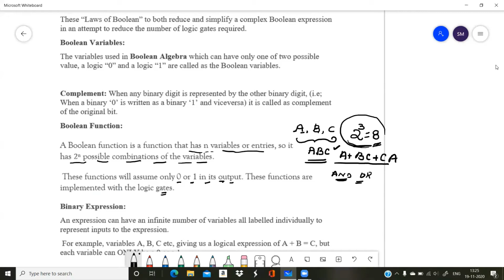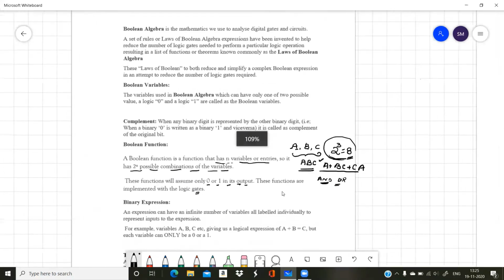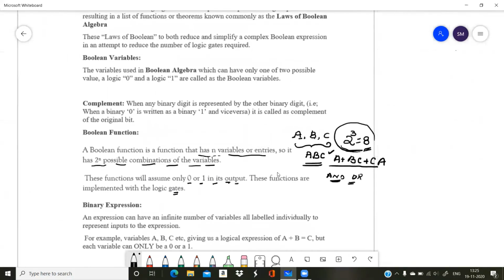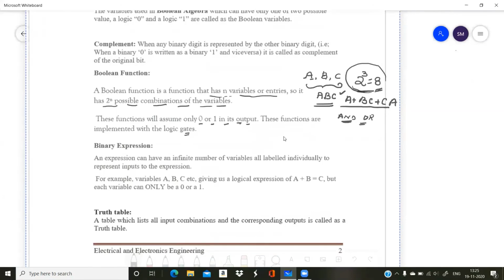This is the maximum combination we can do. Now, by using these maximum combinations, we can create any number of expressions. Okay, we can create any number of expressions. So they are called binary expressions.